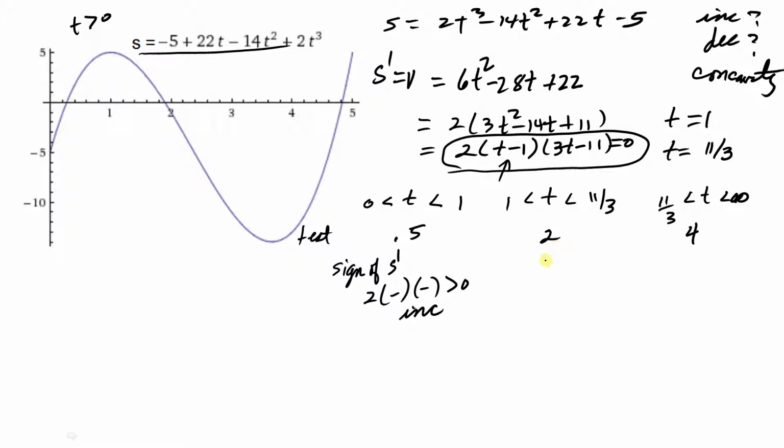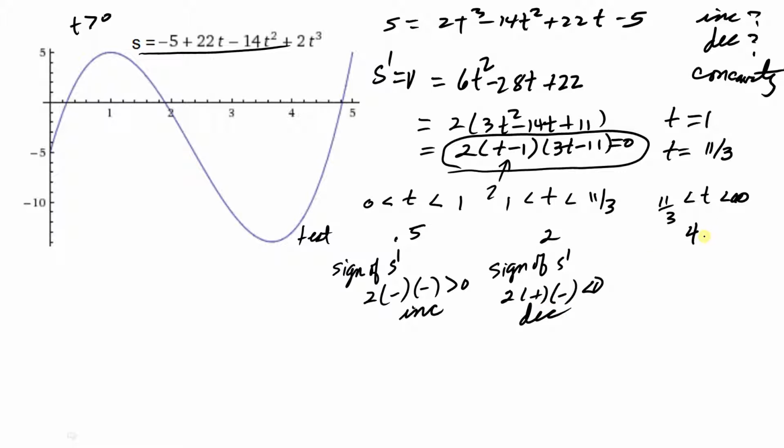If we plug in 2, the sign of s prime is going to be 2 times, plug in 2, and we get a positive, plug in 2, and we get a negative, so it is less than 0, so the function is decreasing.